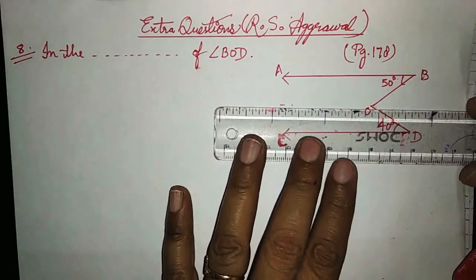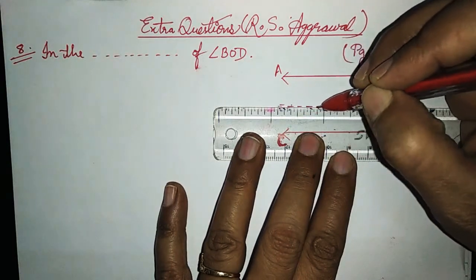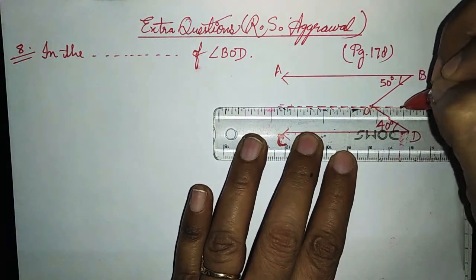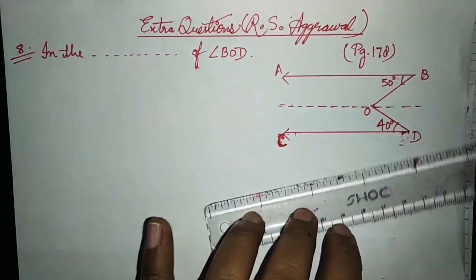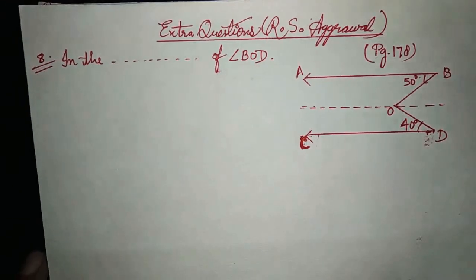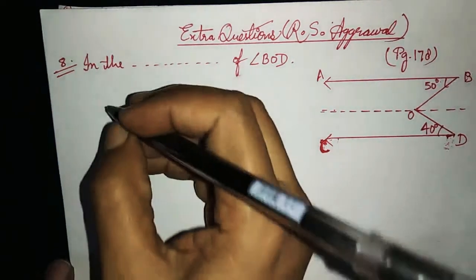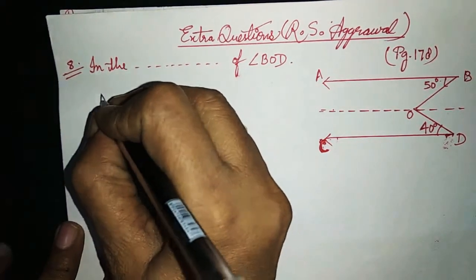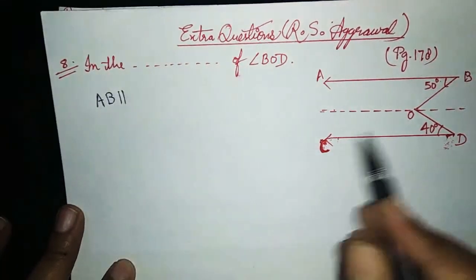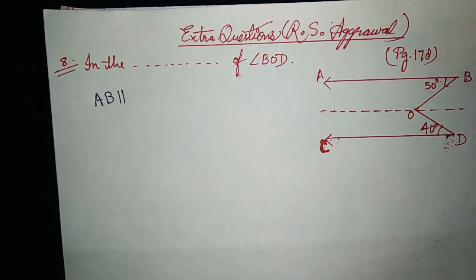We will draw a line which will pass through the point O. And now we will write here, line AB is parallel to, here we will give the name to this line.